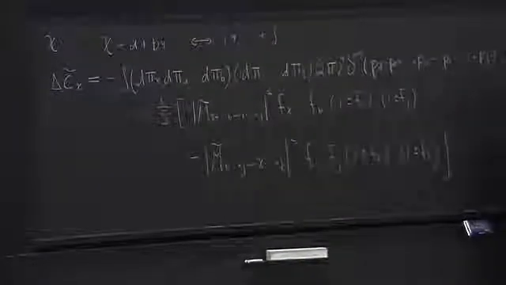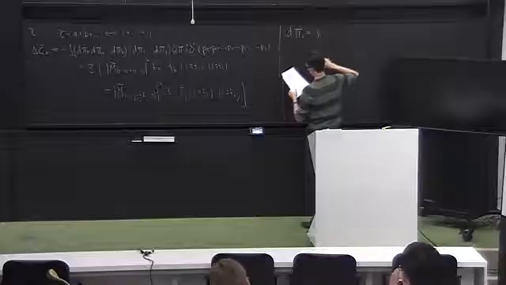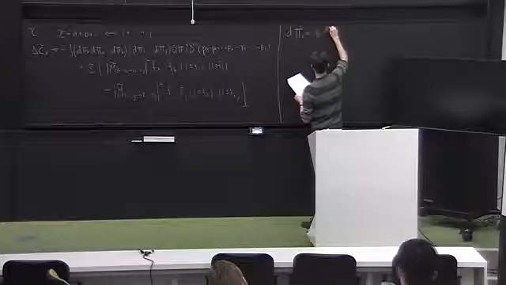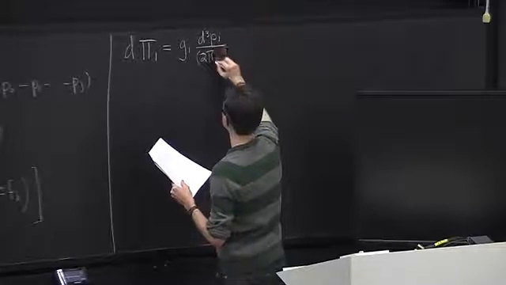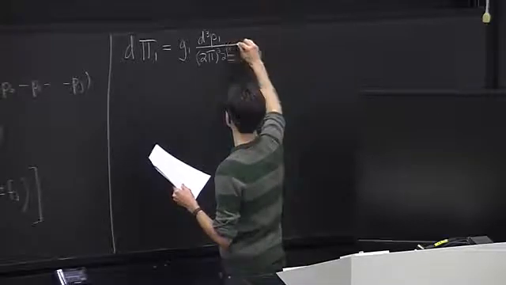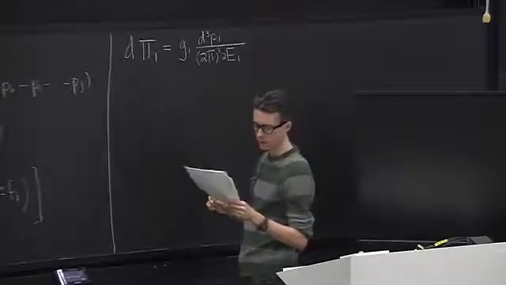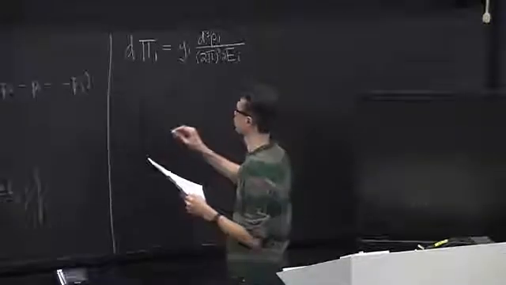The d pi_i is just a phase space factor. It's just equal to the number of degrees of freedom of the I species times d^3 p_i over (2 pi)^3 times 2 E_i. The f's are just the distribution functions.